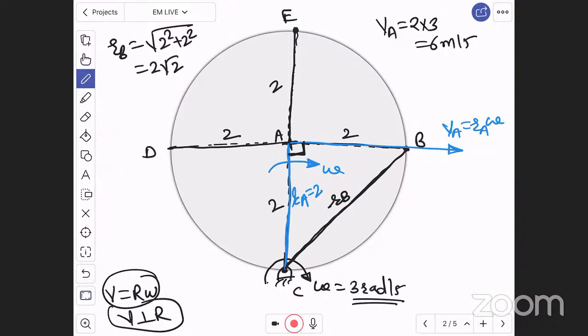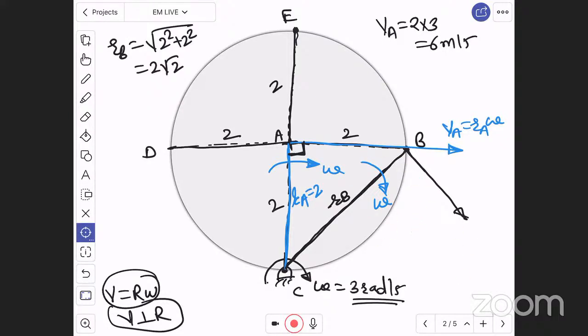The wheel is rotating in clockwise direction with angular velocity omega. Therefore, perpendicular to this R_B, and rotating clockwise means B will go downward.